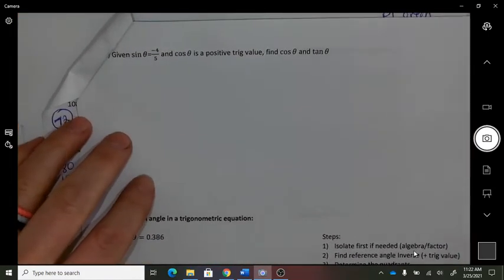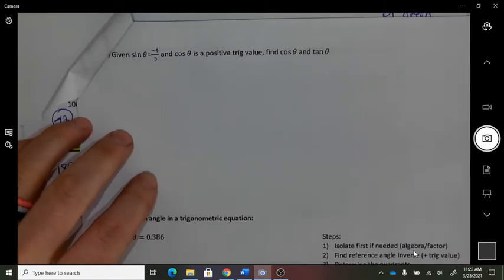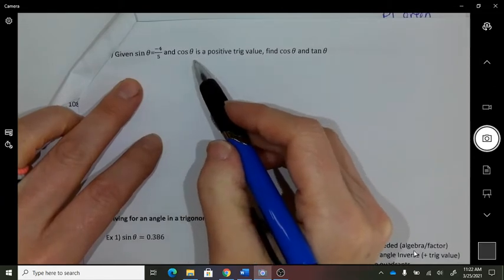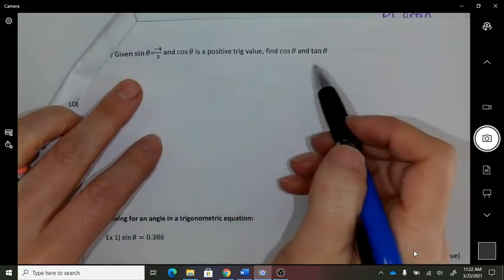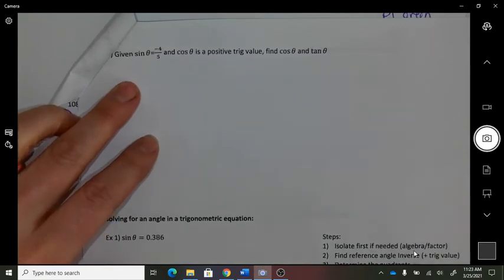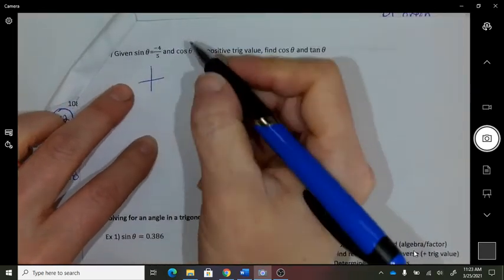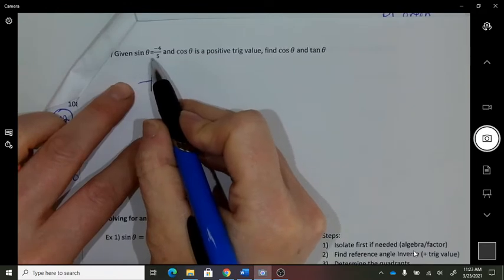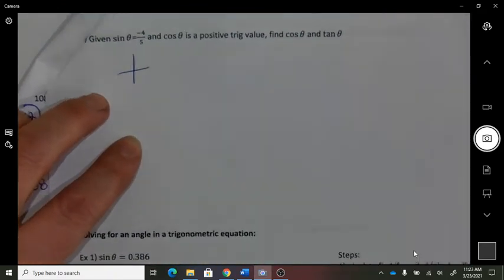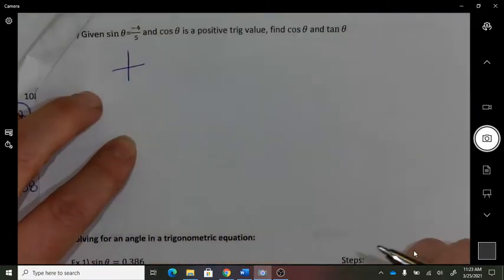Okay, next question. Given that the sine of the angle is negative 4/5 and cos of the angle is positive, find all the trig values here for cos and tan. First thing I'm going to do is, since sine came out to be negative, where could that possibly have happened?